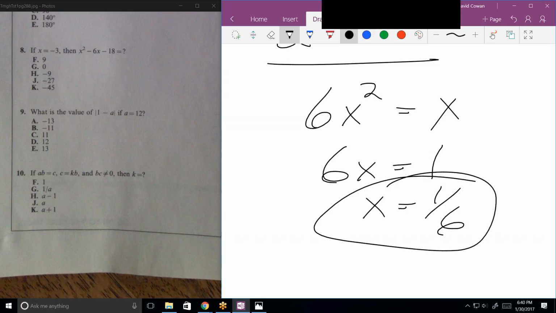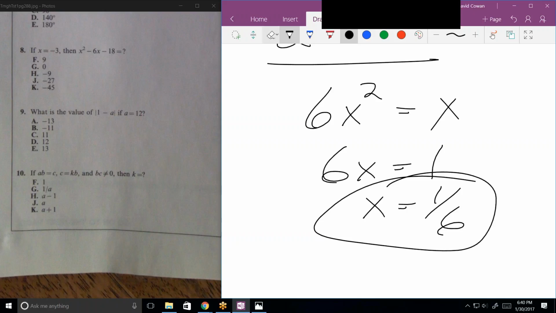So x equals 1/6. You lost one of the solutions. Notice that when you divide both sides by a variable and 0 is a possible answer, you lose it. It goes away. It disappears in the night.